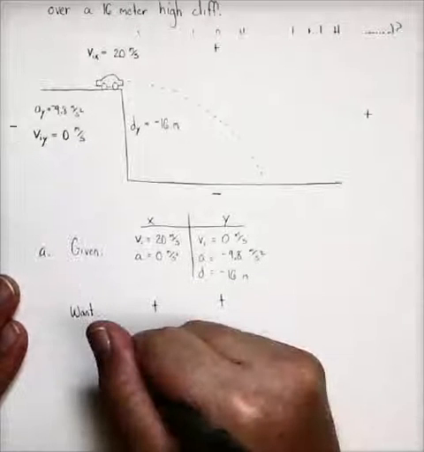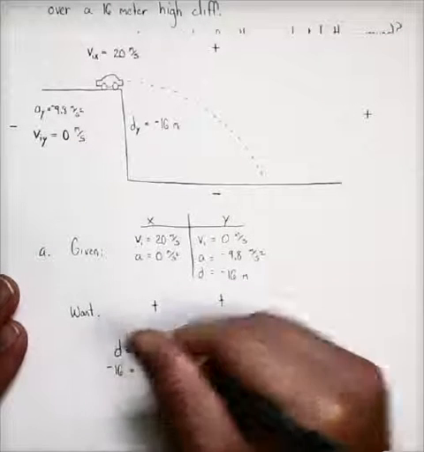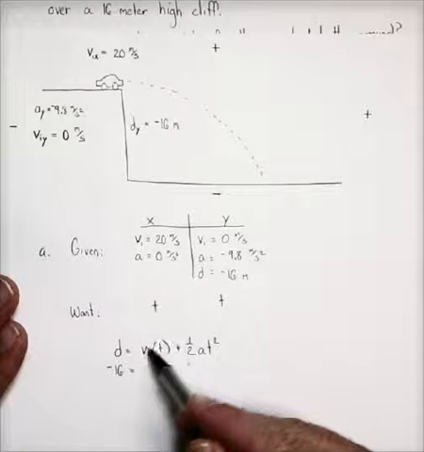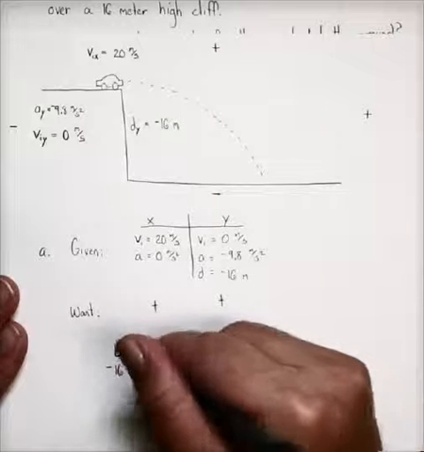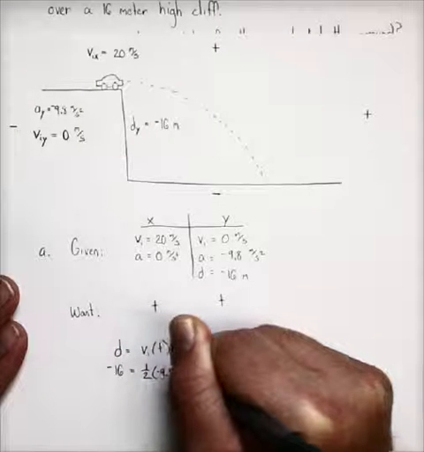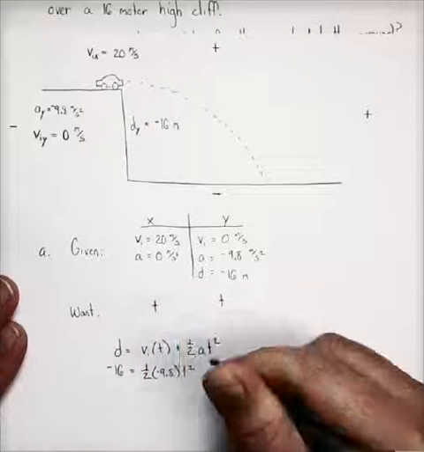Our displacement was -16. Initial velocity is 0, so this whole term gets canceled out because 0 times t is 0. And that would be 1/2 times -9.8 times t squared.